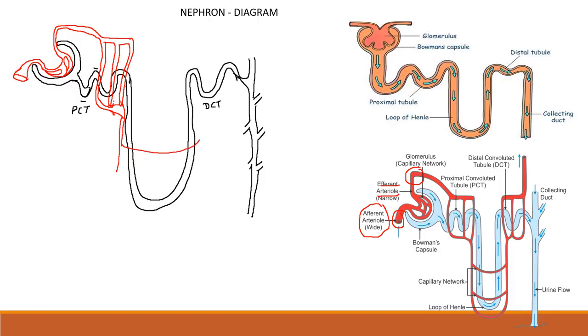So you can show this part of the artery. This reabsorbed water, salt and minerals will go into the blood again, right? Because the human body cannot afford to lose so much water and minerals, especially sodium and potassium, right?